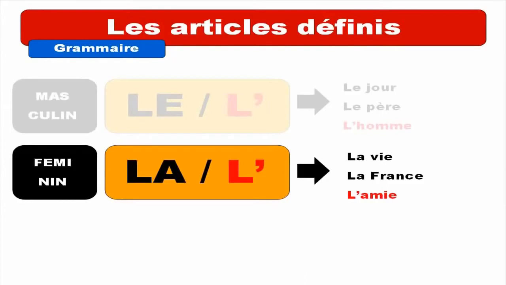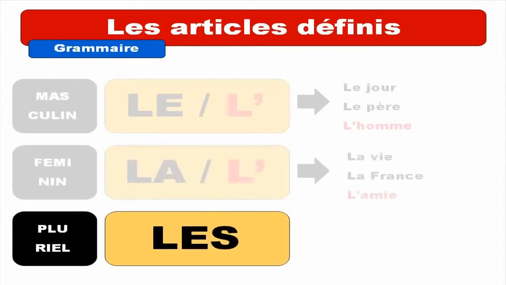Okay, and then la France, repeat. La France. Okay, and well, an example of a word starting with a voyelle, so it's ami, and then you get l'ami. Repeat. L'ami.